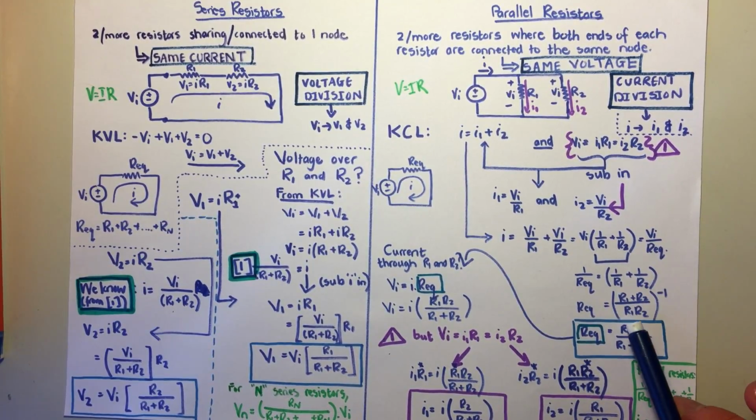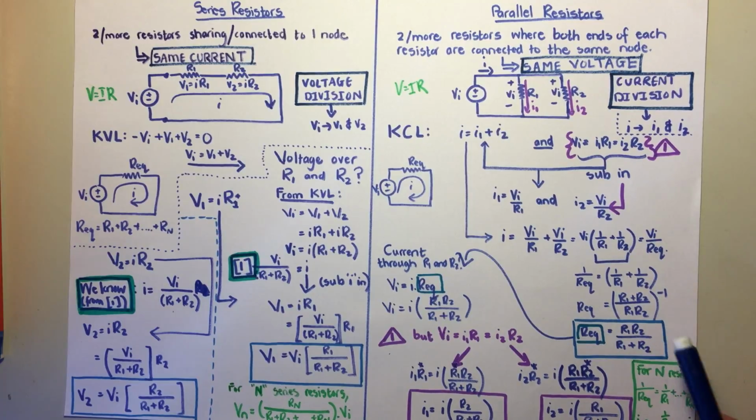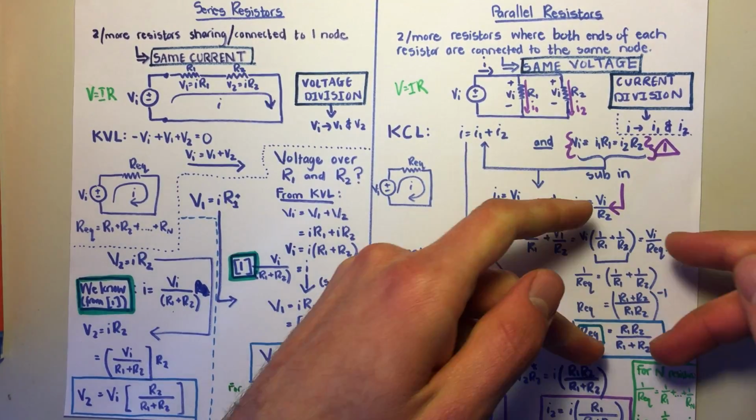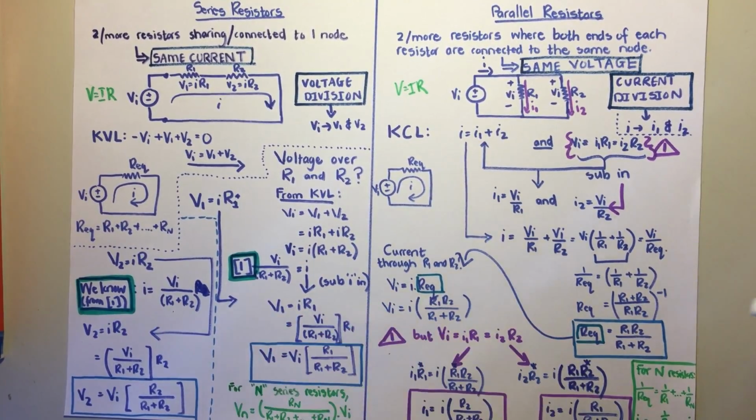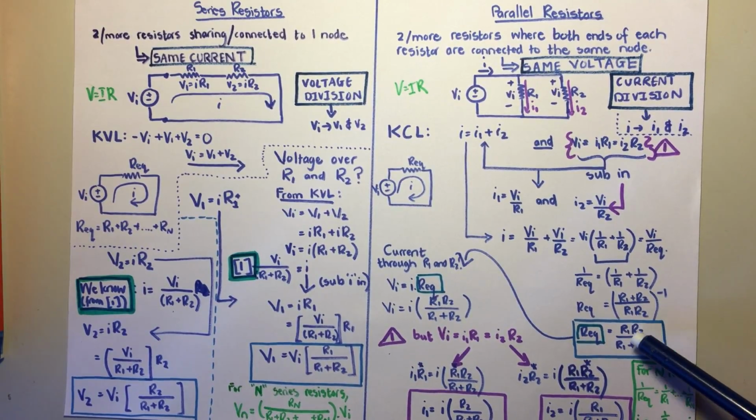So R1 R2 will be your LCD, your lowest common denominator, and then you have to add R2 and R1 on top to make up for the common denominator. And then this is to the minus 1 because I flipped it from there to there. Then R equivalent, if you flip this, is equal to R1 R2 over R1 plus R2.